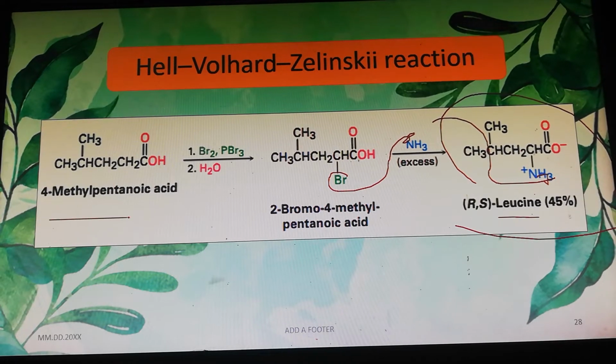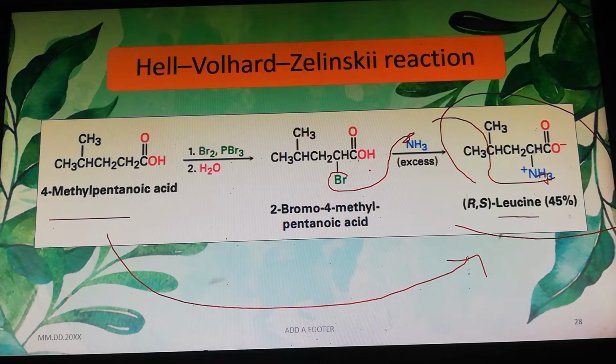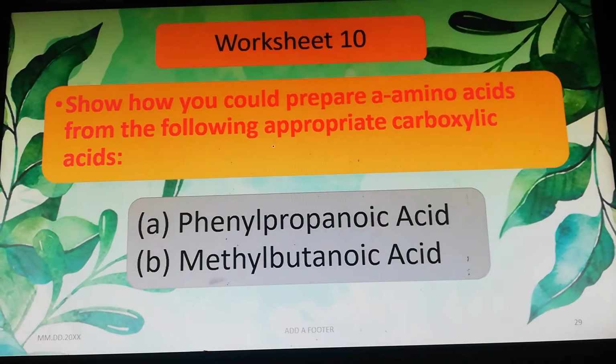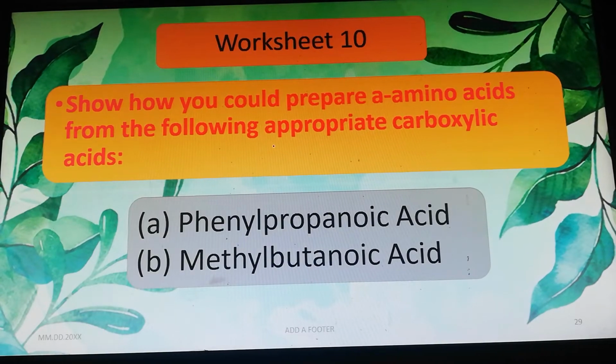From 4-methylpentanoic acid, and we had the HVZ reaction, it yields a leucine amino acid.